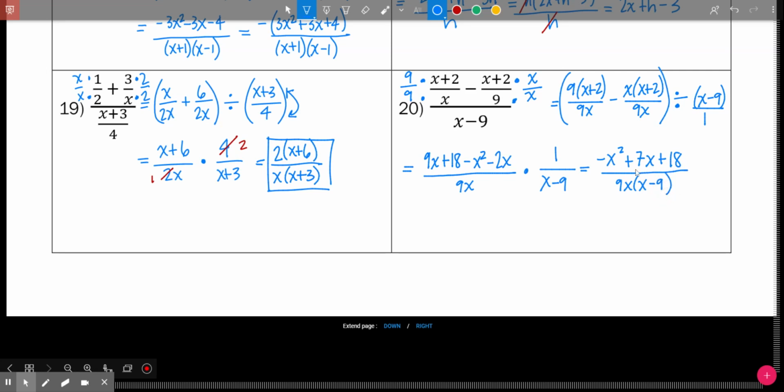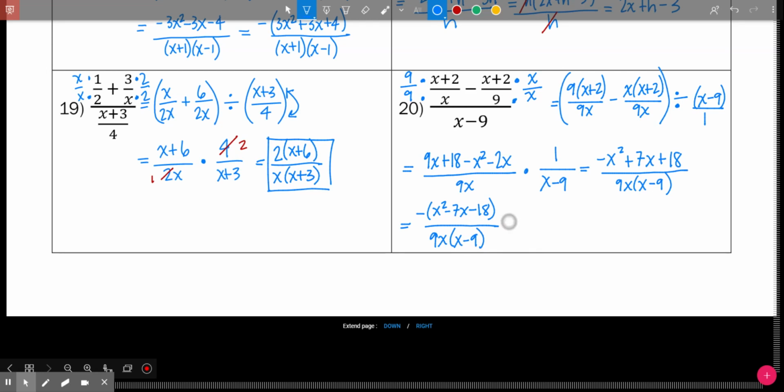If I factor out a negative across the top, then this is negative x squared minus 7x minus 18 over 9x times x minus 9.